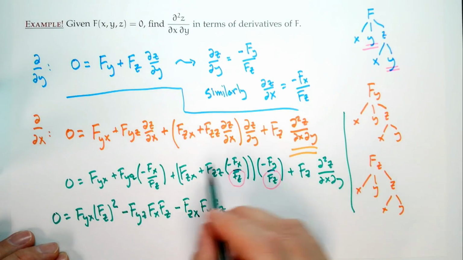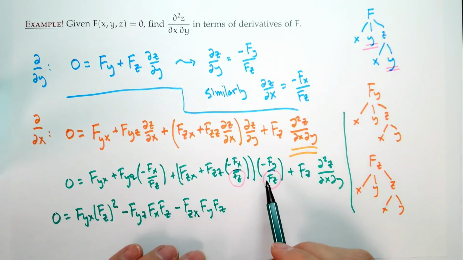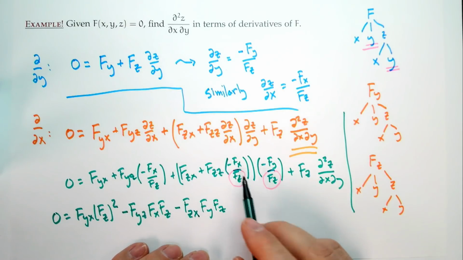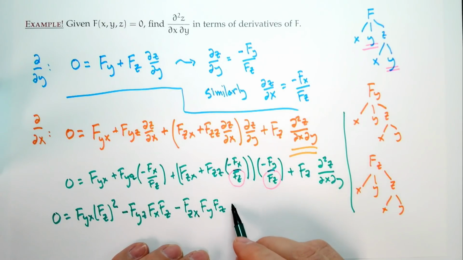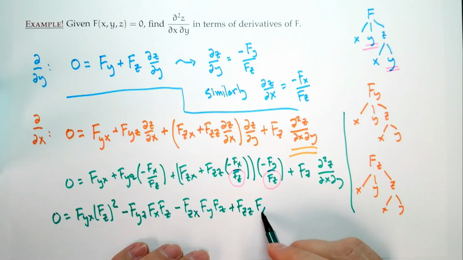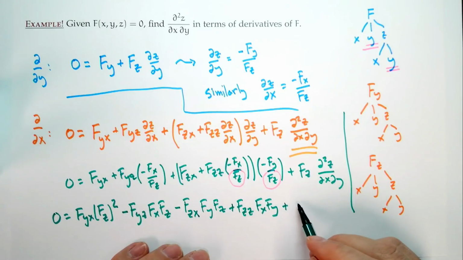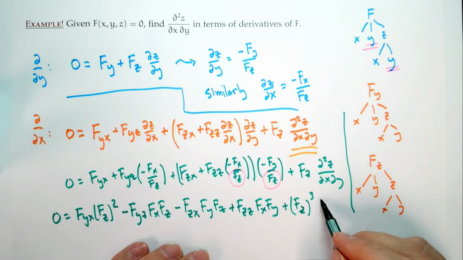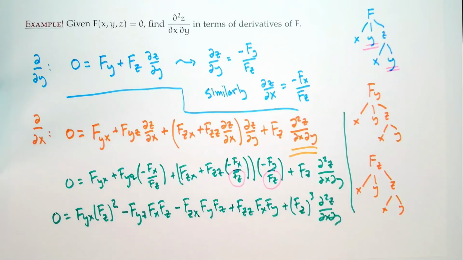So that's that term. Next term, well, is going to be minus minus makes plus f z z f x f y. And then finally, plus f z cubed, partial squared z, partial x, partial y. And now, maybe we can make it fit on the last bit of space down here.